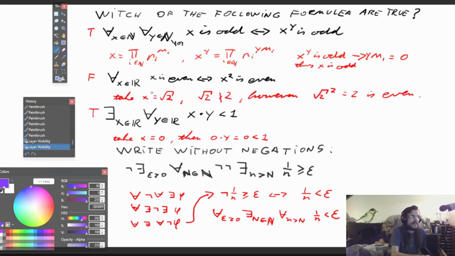Truth is dependent on the set you're working in. However, the square is, of course, even, so this doesn't hold. We have an example where the left side is false and the right side is true, which is in contradiction with this connective. Next sentence. So does there exist an x so that all y, if you multiply them, are smaller than 1?